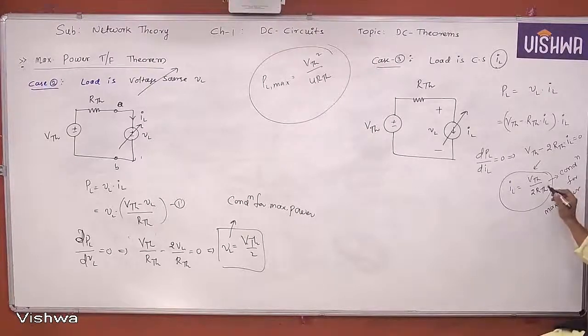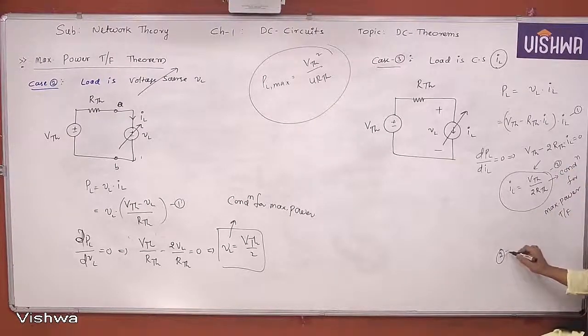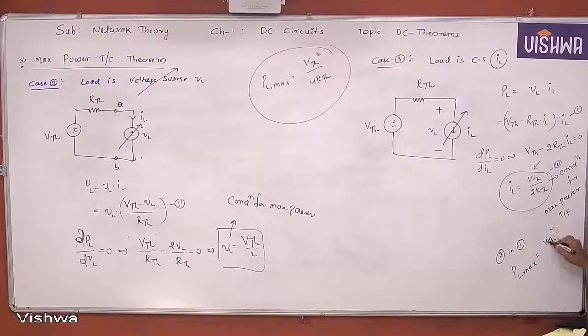Now you substitute the same thing in this equation 1. Equation 1. You call it 2. When you substitute equation 2 in 1, you get PL max, and I'm sure that you will get VTH square by 4 times RTH.